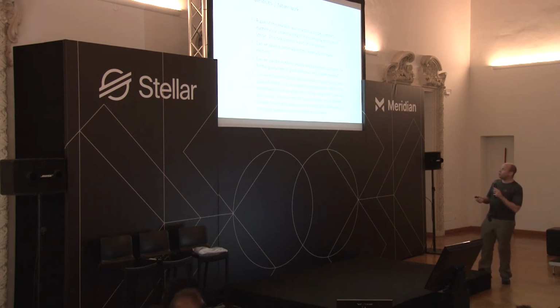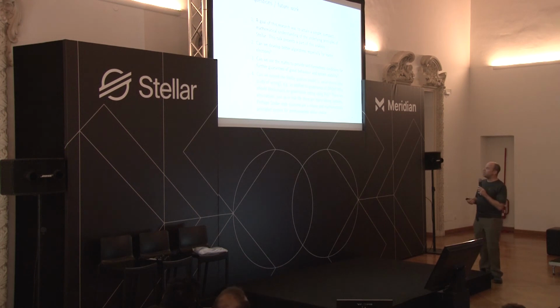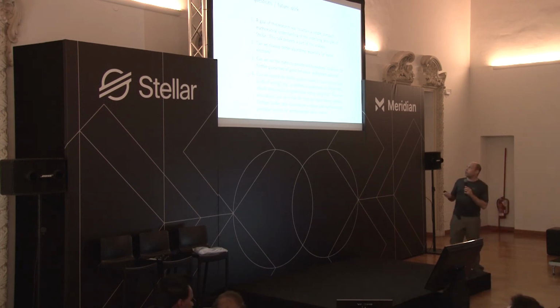Can we use the maths to develop what I might call leading indicators for network instability? Could we prove results that say if a semi-topology has certain properties, then it's safe? And then we use Stellar Beat to monitor the system.